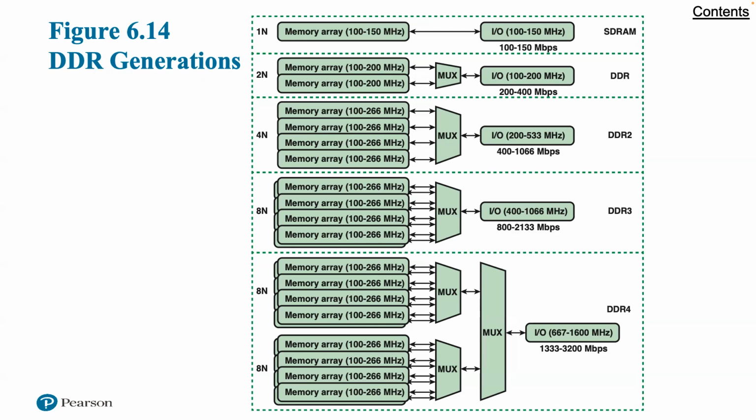Thus, DDR prefetches 2 words, which means that every time a read or write operation is performed, it is performed on 2 words of data and burst out of or into the SDRAM over 1 clock cycle on both clock edges for a total of 2 consecutive operations. As a result, the DDR I/O interface is twice as fast as the SDRAM core.